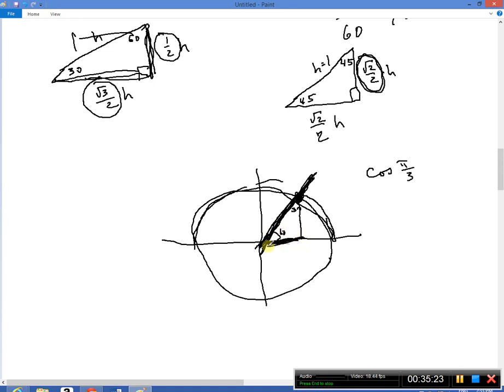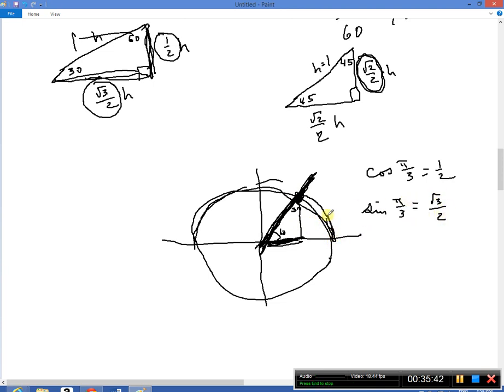So this would be the short side of a 30-60 triangle, so the answer is 1/2. That makes the sine of pi over 3 the long side of a 30-60 triangle, and so that would be square root of 3 over 2.